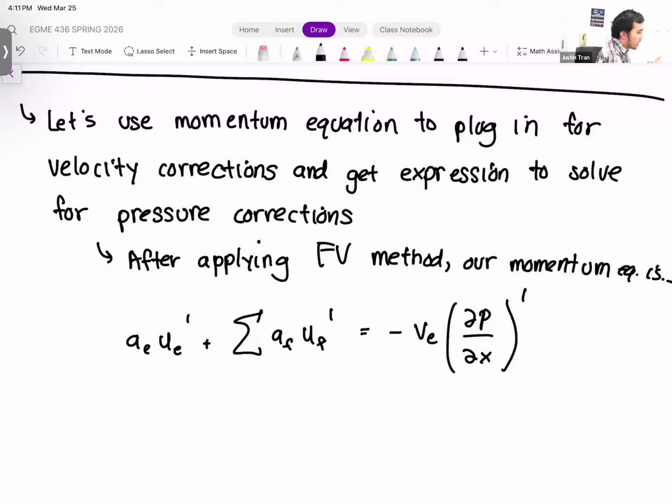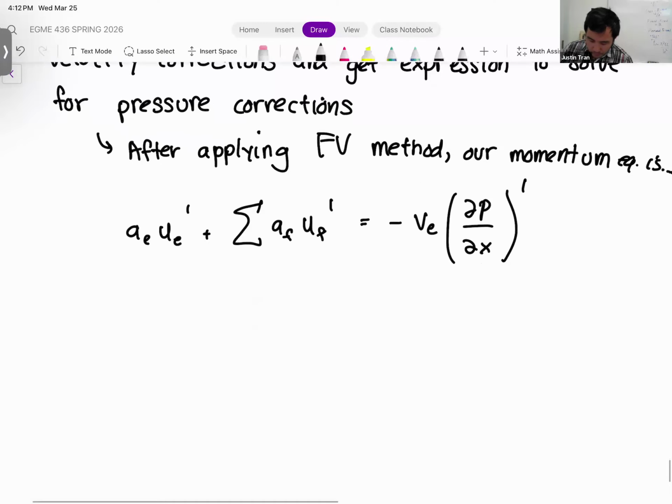On the left-hand side, we have all of our velocities for all of our face values with some kind of coefficient in front. Those are what the A coefficients are. And on the right-hand side, we have just our pressure. But now we're doing everything in terms of the corrections, because the corrections should also satisfy momentum.